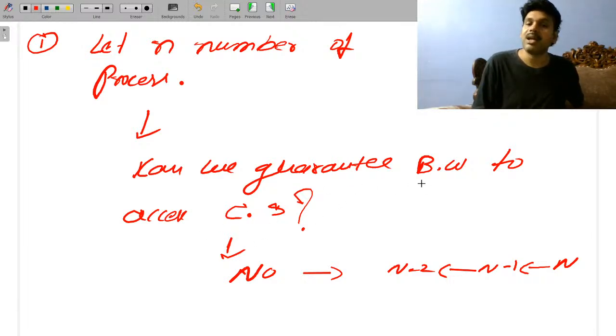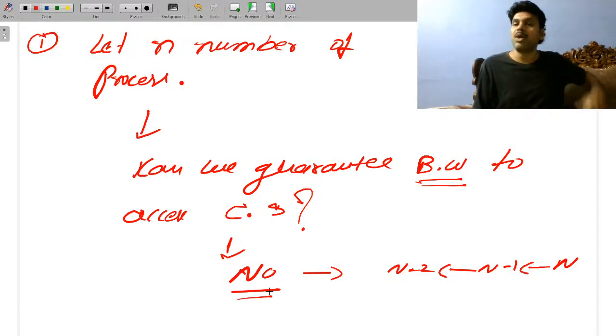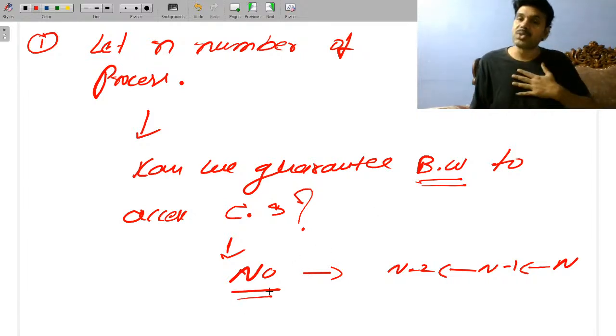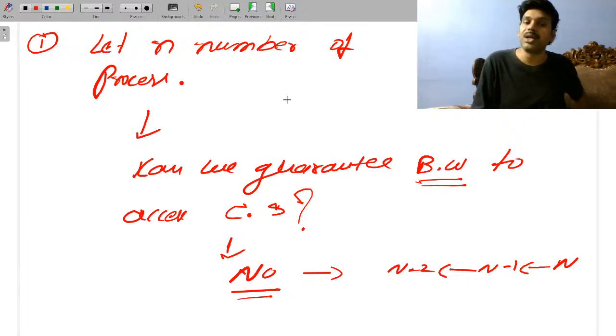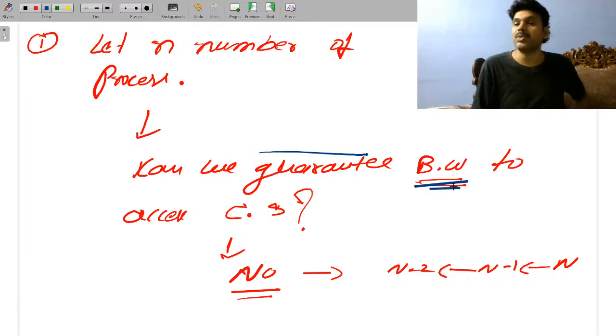So bounded waiting means the process waiting to acquire the critical section must know how many processes or threads are ahead of it. Then you will know that you 100% satisfy the bounded property.